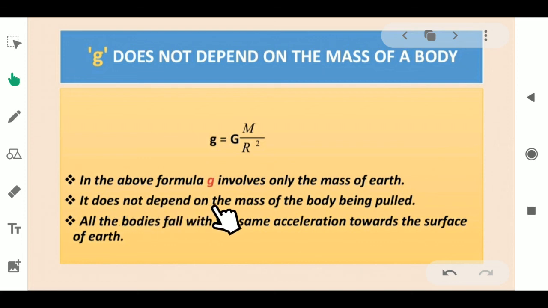It does not depend on the mass of the body being pulled. Therefore, all bodies fall with the same acceleration towards the surface of Earth, which means it is independent of the mass of the bodies. Clear? Yes. Therefore, we can say that acceleration due to gravity does not depend on the mass of a body. Clear? Yes.